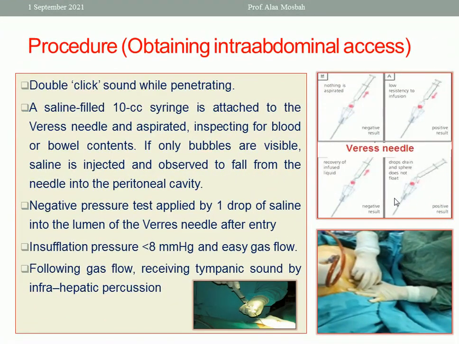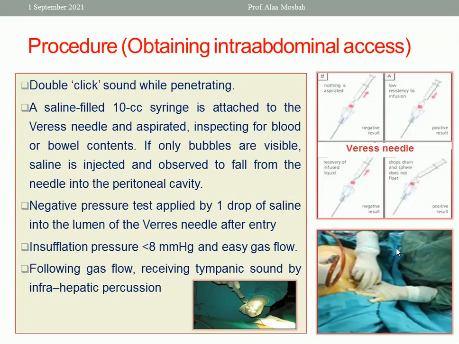How to be sure that the varus needle is inside the abdomen is very important. First, you will hear a double click sound while penetrating. The first one with the sheath, the second one with the peritoneum. Then, if you add saline fluid in a syringe and connect it to the varus needle and aspirate, to be sure there is no blood coming or bowel content, so you didn't injure a major vessel or bowel.